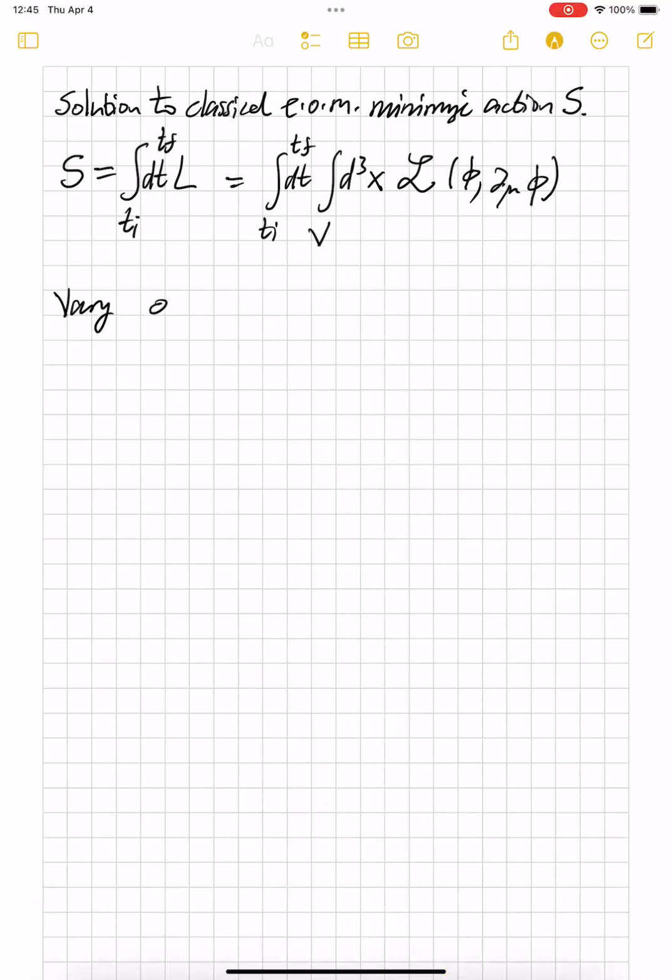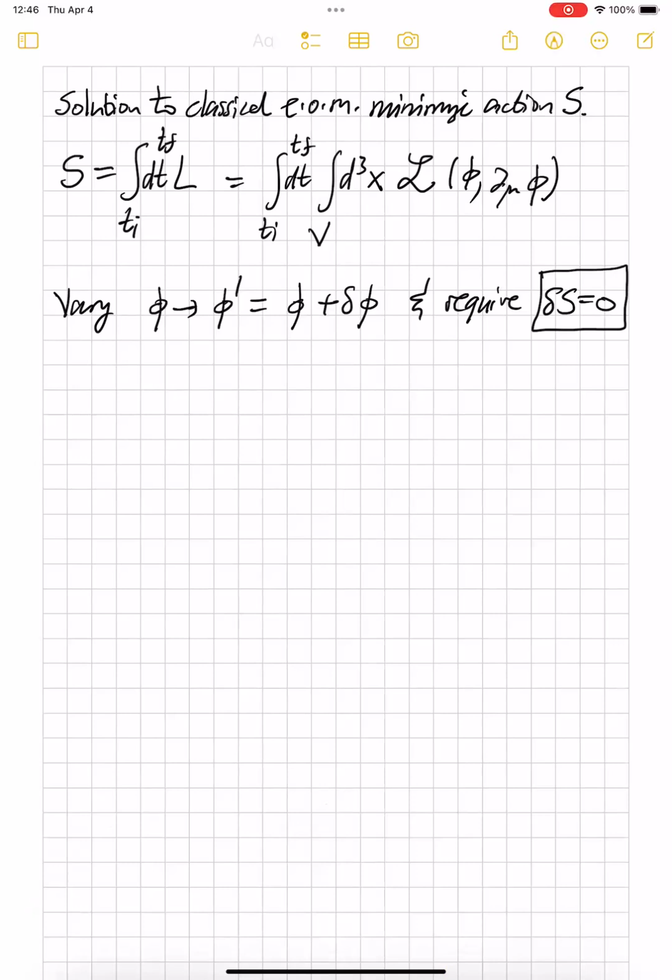And this means we will replace phi by phi primed, which is the original phi, but plus some change that we will call delta phi. So we'll vary, and then we will require that delta S is equal to 0. And it's this requirement that delta S is equal to 0 that is going to determine the Euler-Lagrange equations of motion.